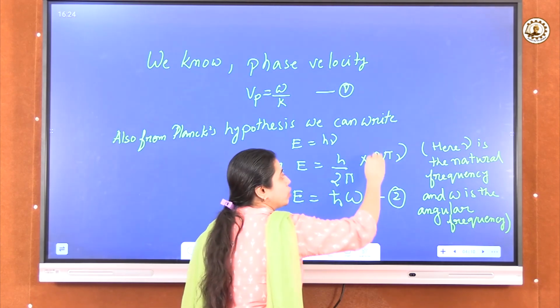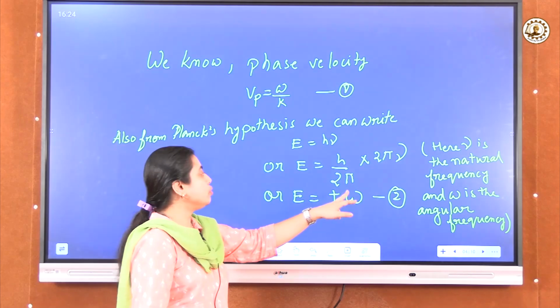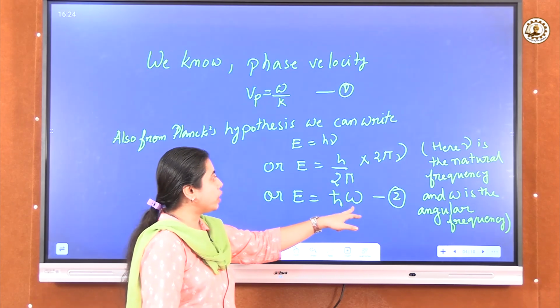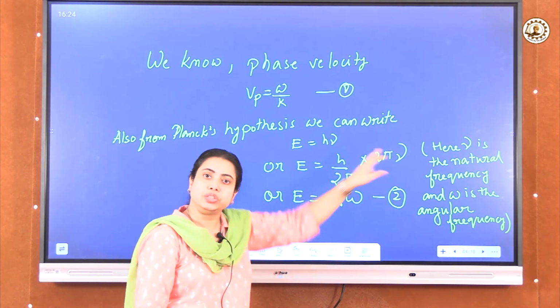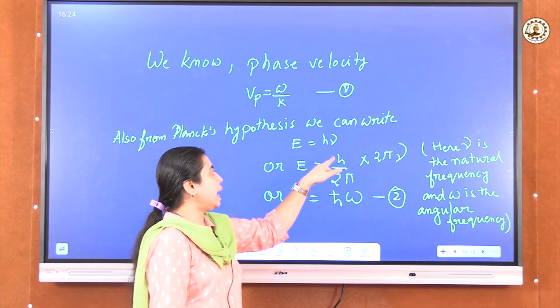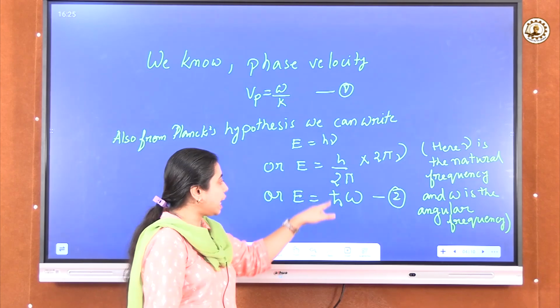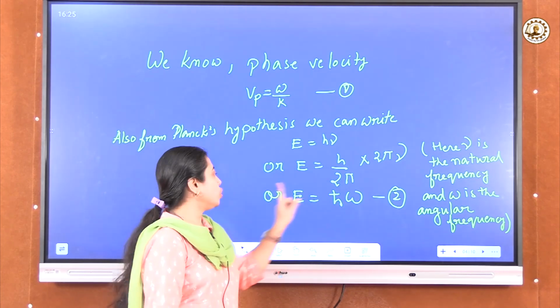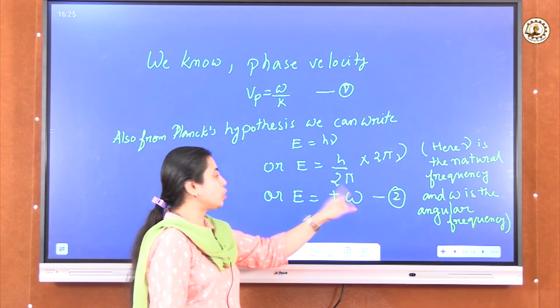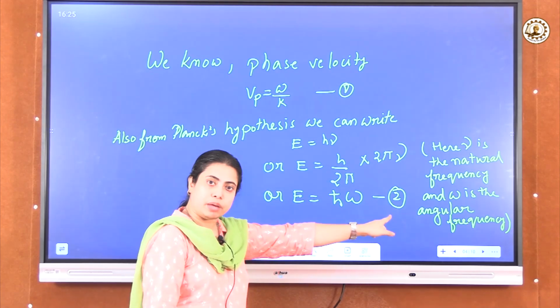Because I want to write 2 pi nu in terms of omega, the angular frequency, equal to 2 pi into natural frequency. So I have written here omega, and h by 2 pi is written as h cross. So E is equal to h cross omega. I gave this as equation number 2.